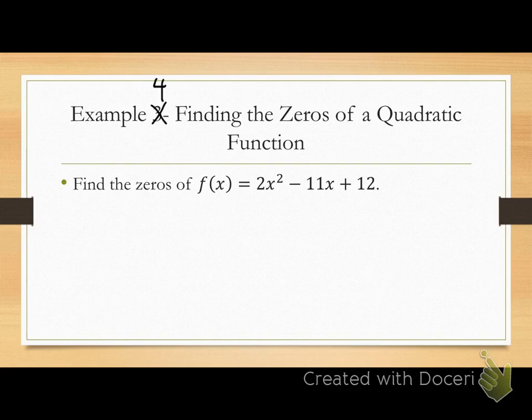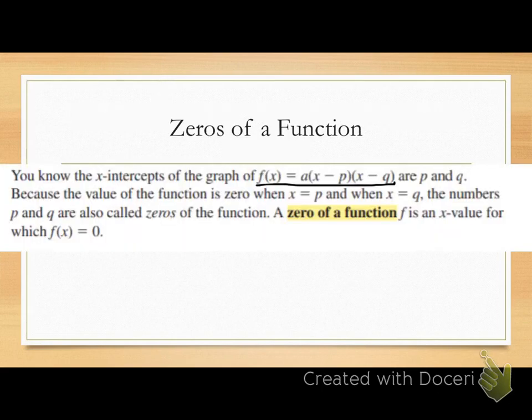This quadratic function. Everyone got this function written down? So I know the x-intercepts of my function are going to be whatever it is factored, and I solve for the zeros. So I've got to set my function equal to 0, and then factor it and use my zero product property.